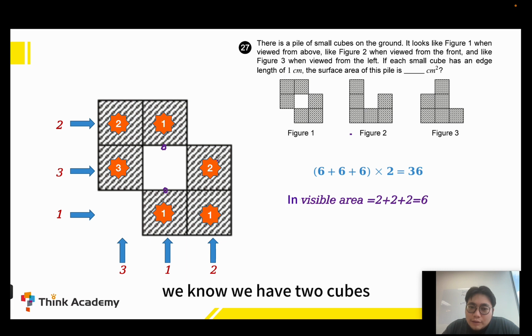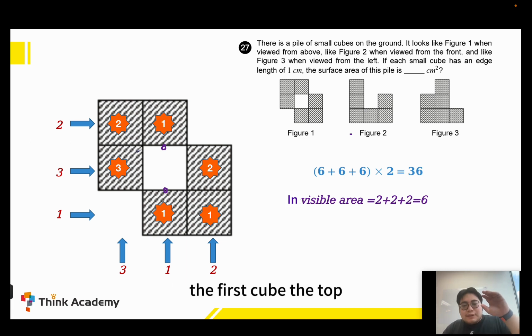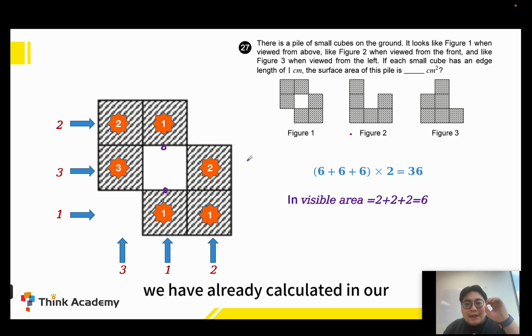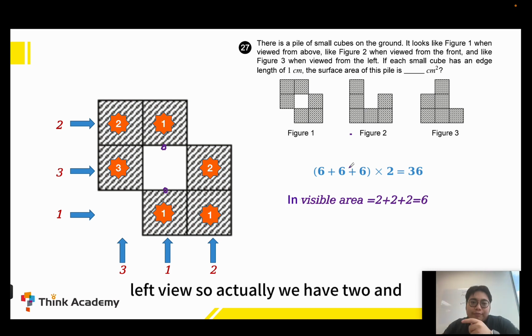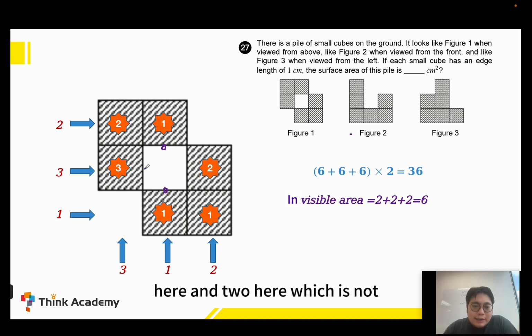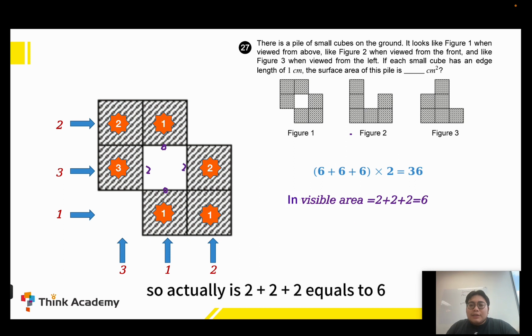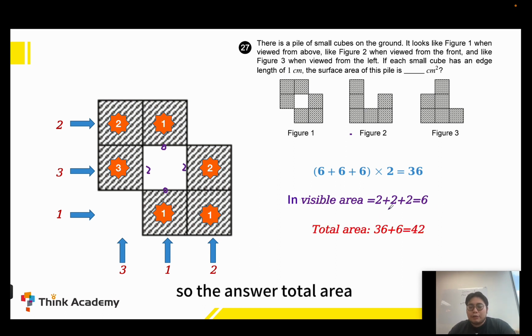And this one, we know we have 2 cubes here and 3 cubes here. Actually, the top cube on this 3, we have already calculated in our left view. So we have 2 here and 2 here, which is invisible area. We cannot see it in our figure. So it's 2 plus 2 plus 2 equals 6. And for the total surface, you should add 36 and 6. So the total area should be 36 plus 6 equals 42.